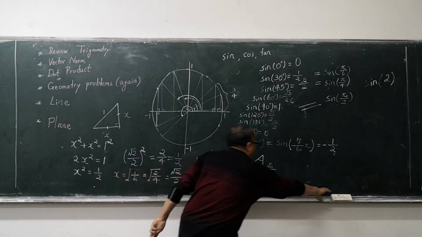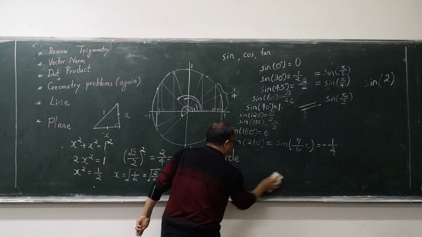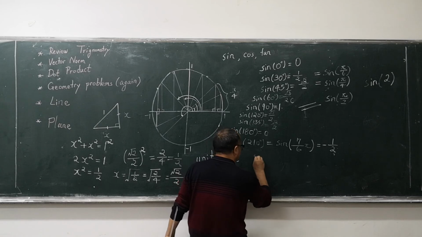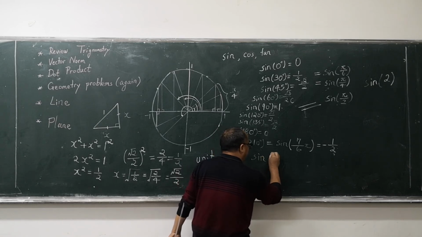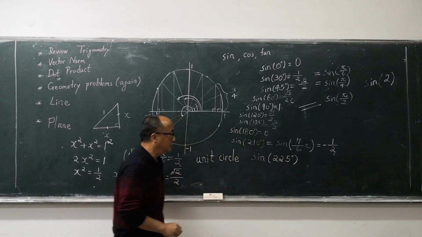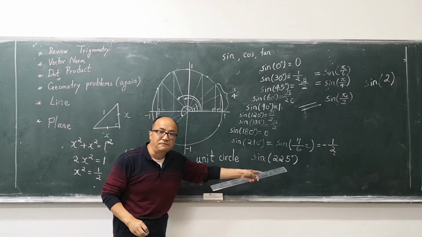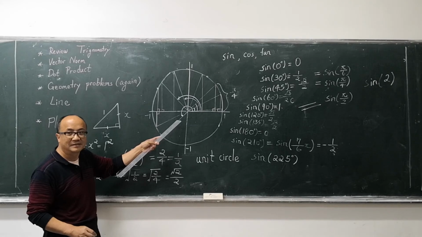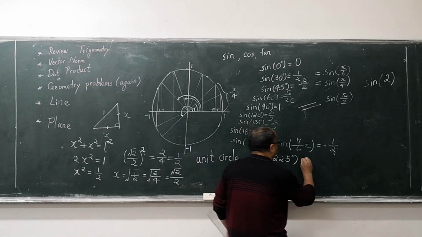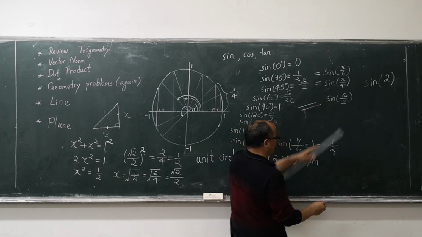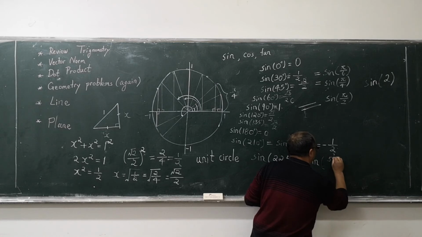It's 180 degrees plus 45, which is 225 degrees. Here is the 45 degrees. And using pi, what's that? 5 pi over 4. Yes.